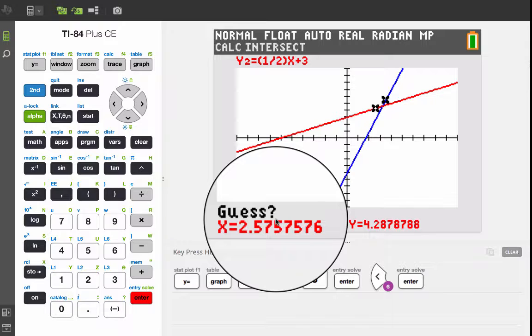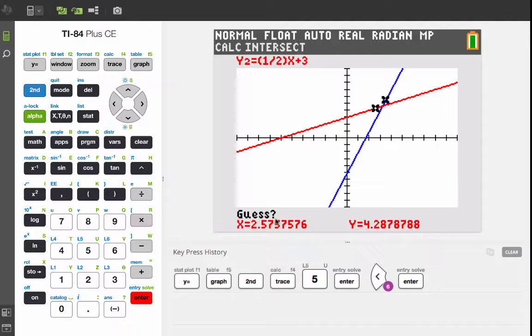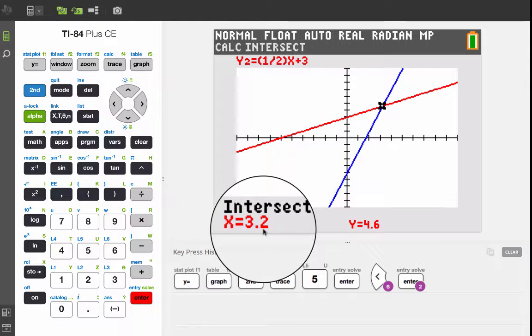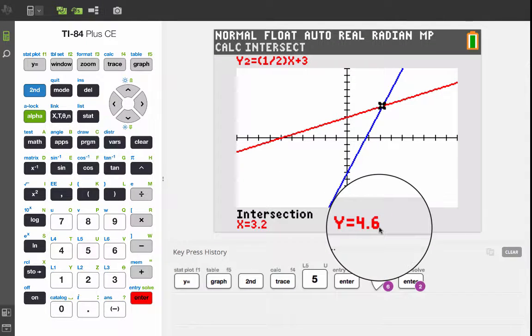But in other graphs, which we're going to see later in the video, if there's more than one intersection point, you have to tell the calculator which one you're interested in. So since there's only one, we'll simply press enter. And the cursor moves right to the intersection point, and you can see at the bottom of the screen that the intersection is at the point 3.2, 4.6.